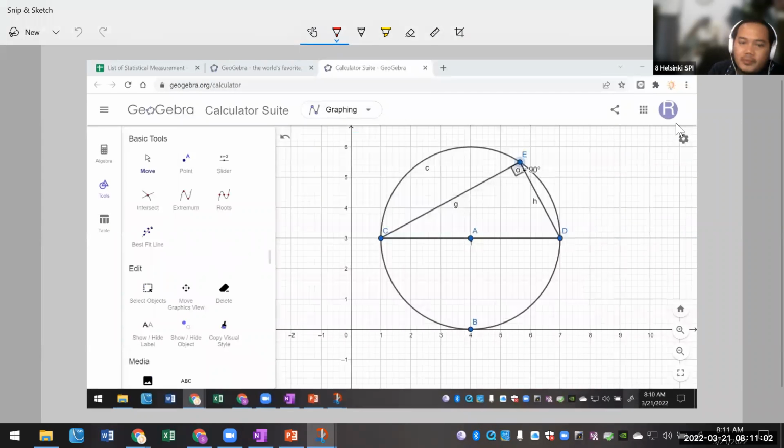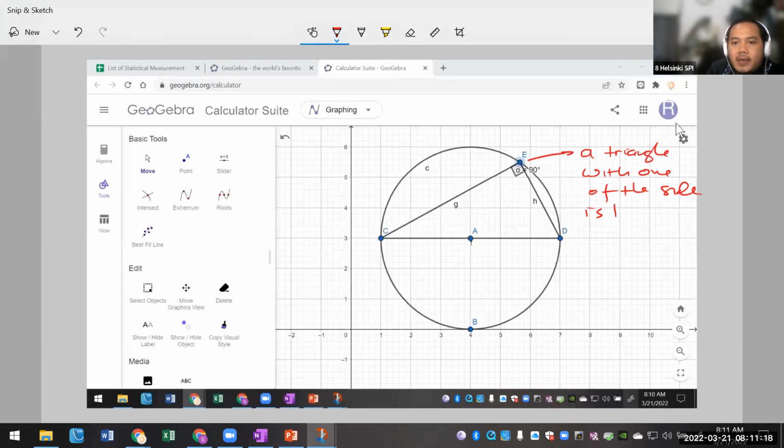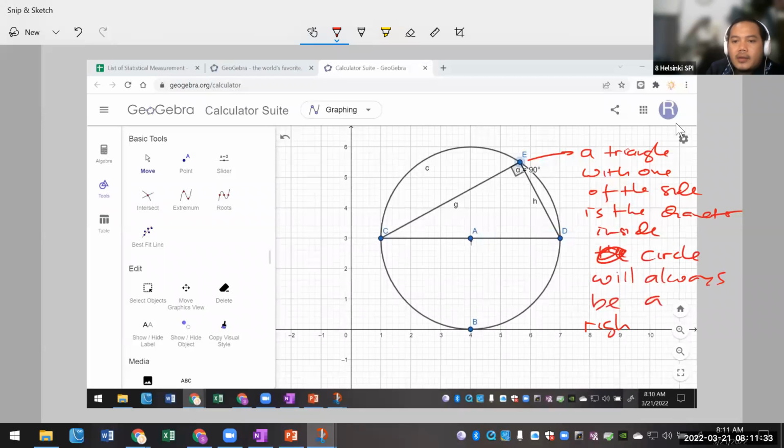We can say that a triangle with one of its sides being the diameter inside a circle will always be a right triangle.